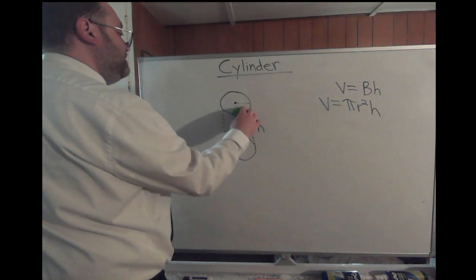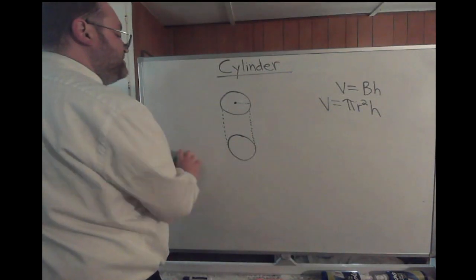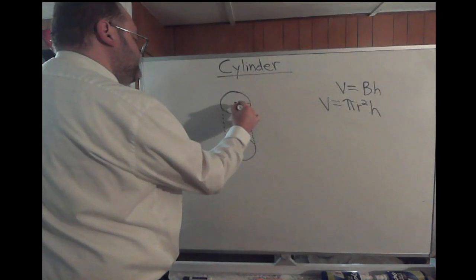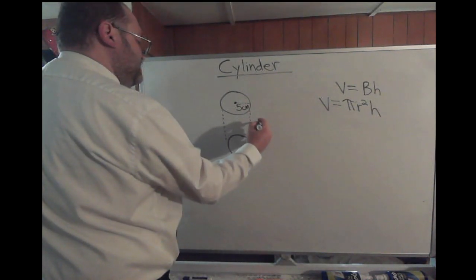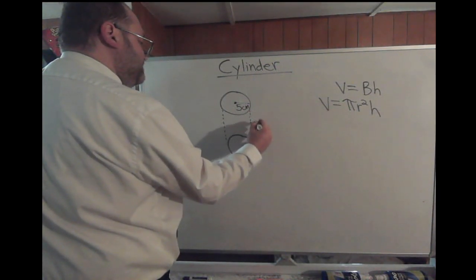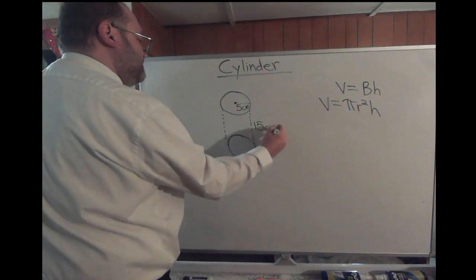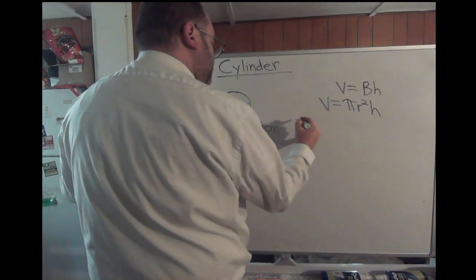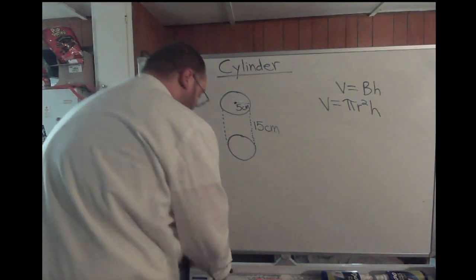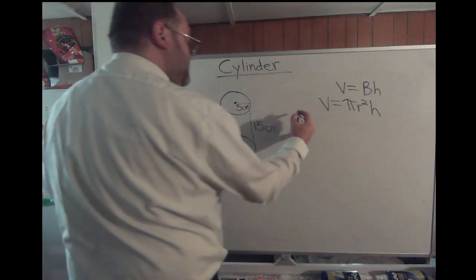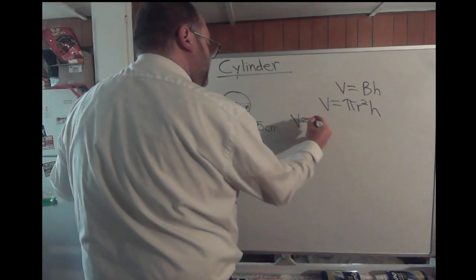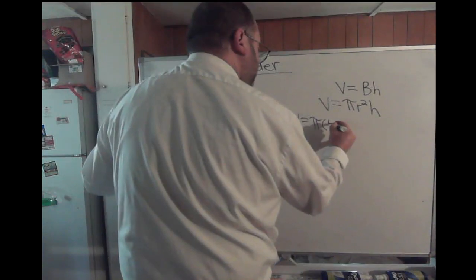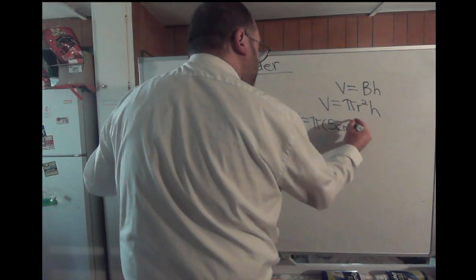So let's do a few examples here of a cylinder. Let's say the radius is 5 centimeters. The height is going to be 15 centimeters. So to find the volume of this cylinder, we're going to take pi times that radius of 5 centimeters for the base of the circle squared.